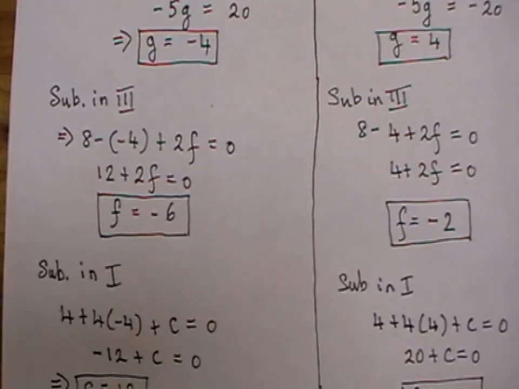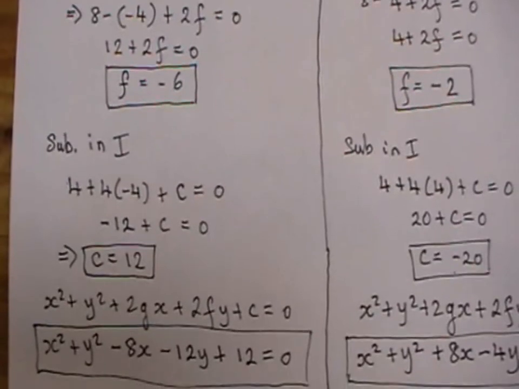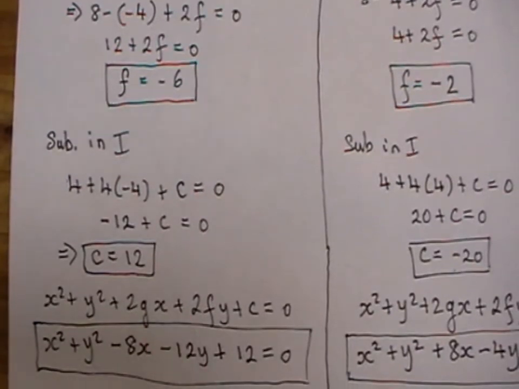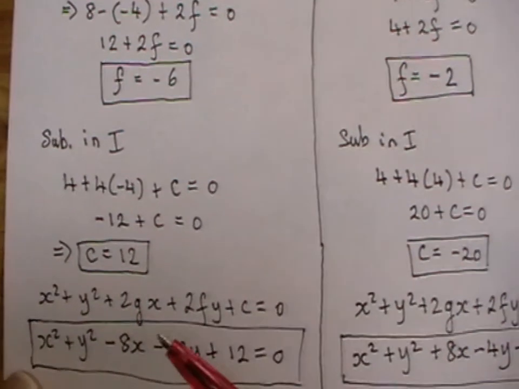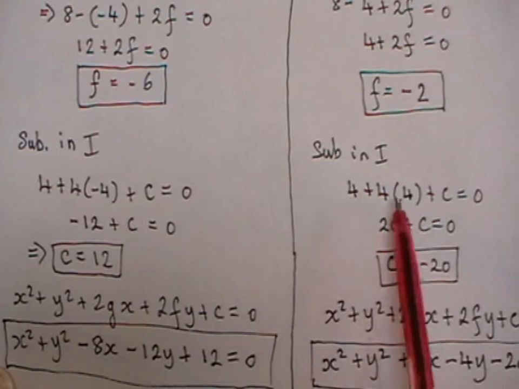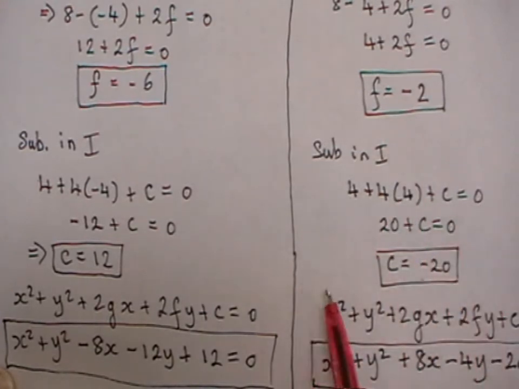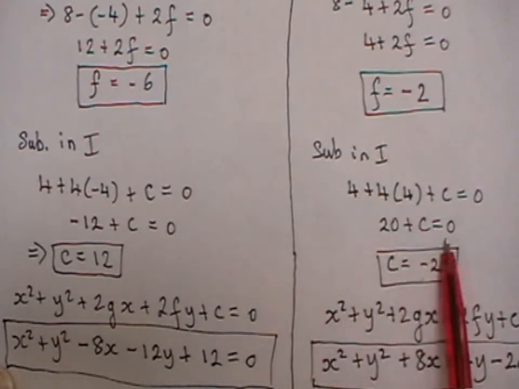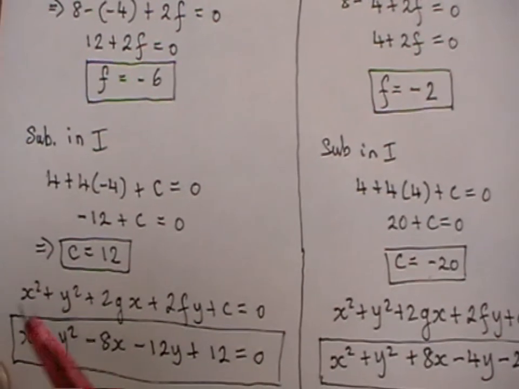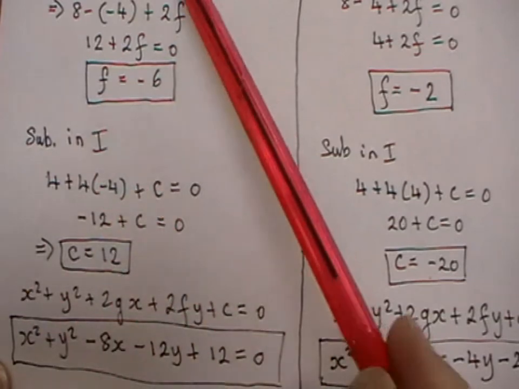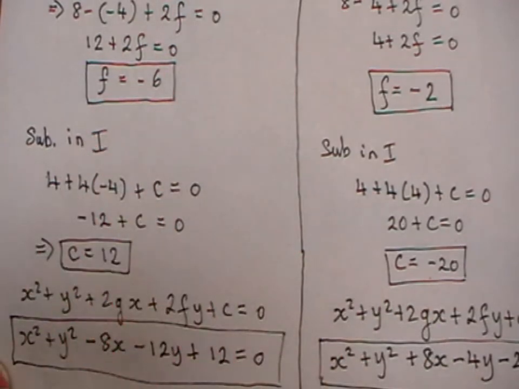Finally, the values for g can be substituted in the first equation. 4 plus 4g plus c equals 0. So 4 plus 4 times minus 4 plus c equals 0 gives us c equal to 12. Over here, 4 plus 4 fours plus c equals 0 gives us 20 plus c equals 0, c is minus 20. Now, we have three values. We have g is minus 4, f is minus 6, and c is 12.